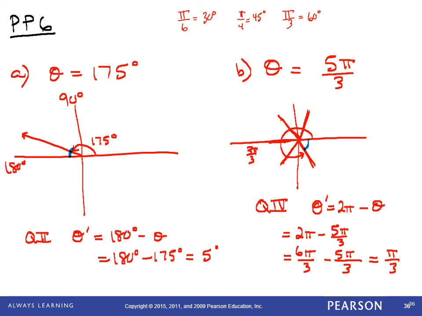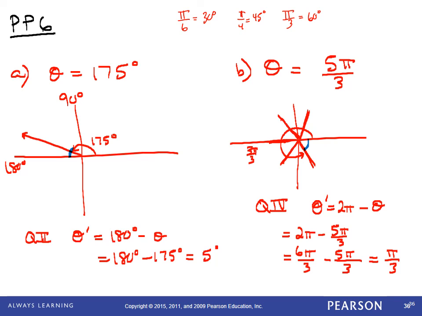That's a quick way to do it. Or you can do it this way here. If you say 60 degrees is going to be about right here, technically this is pi over 3, 2 pi over 3, 3 pi over 3, and 3 pi over 3 is pi, which is 180 degrees. Then 4 pi over 3, 5 pi over 3 would be right there.